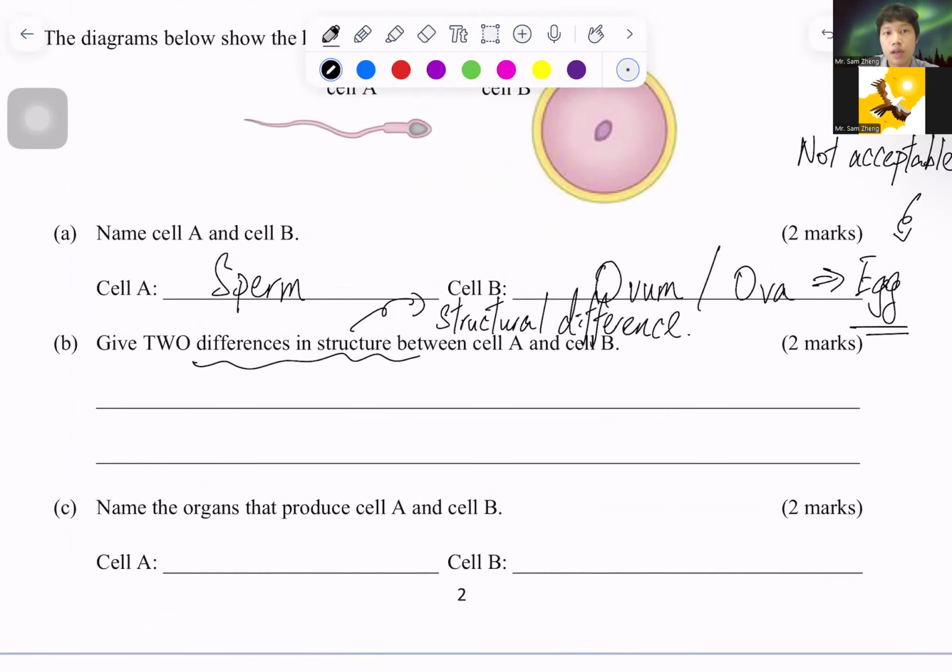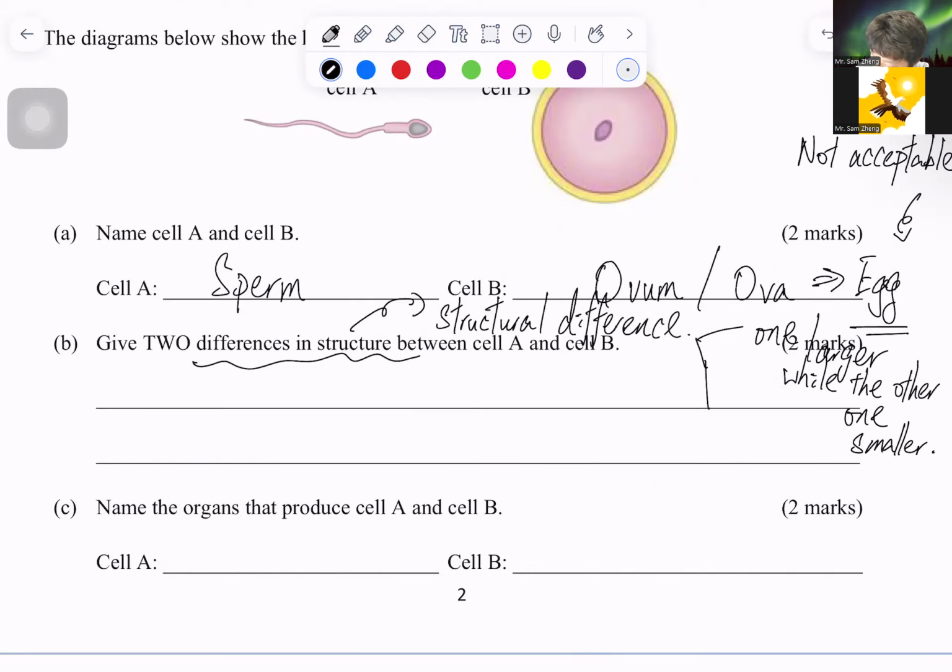There are two types. For example, one is larger while the other one is smaller.